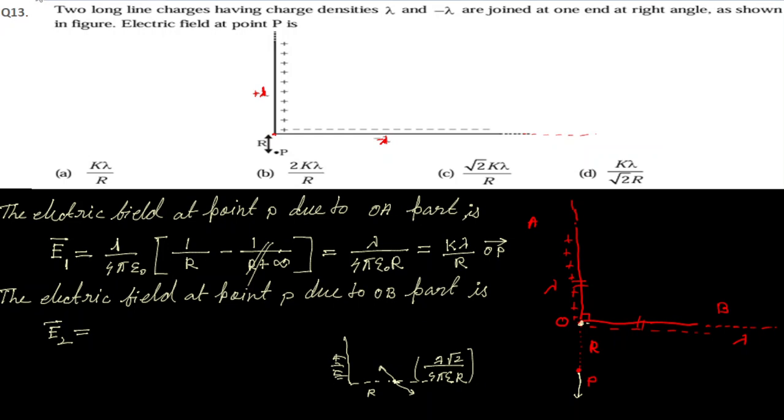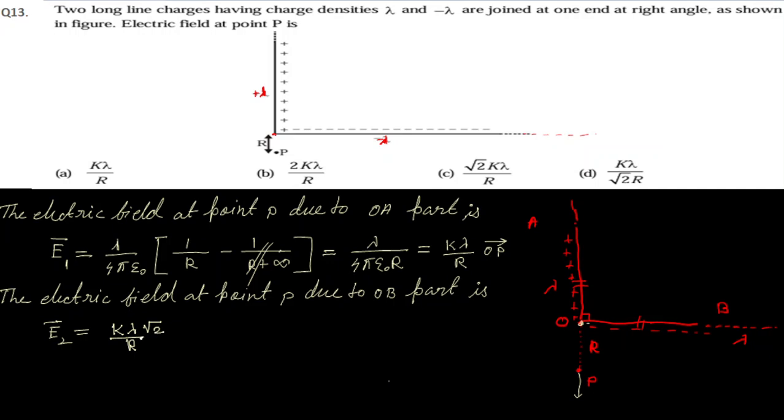So the same definition we'll use here. If we use the same result here, then what we'll get is the electric field at point P because of this OB line will be K lambda divided by R into root 2.